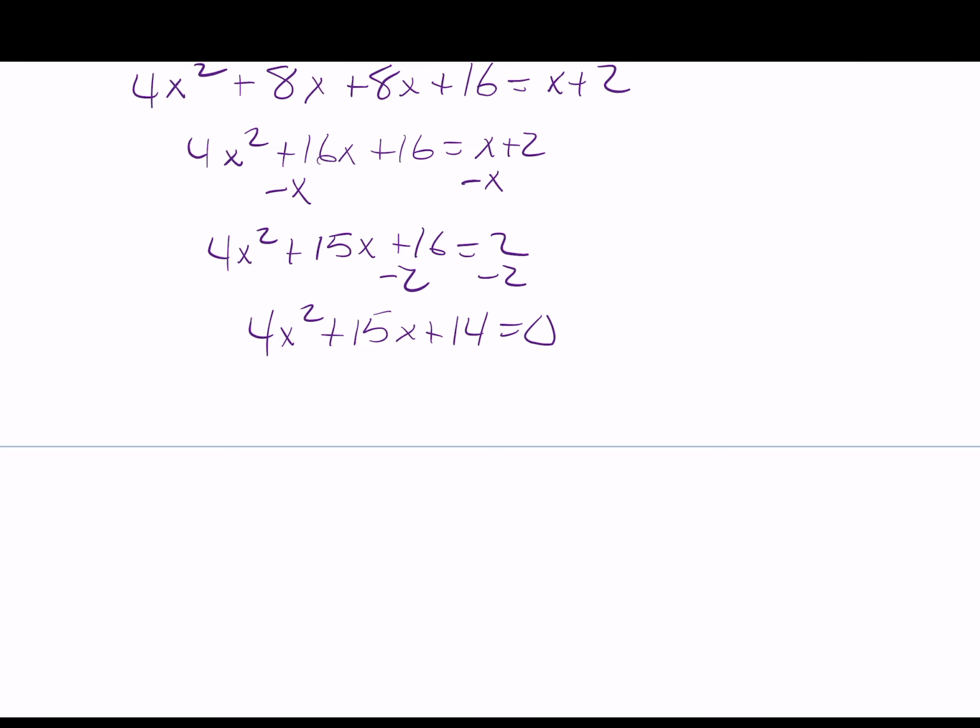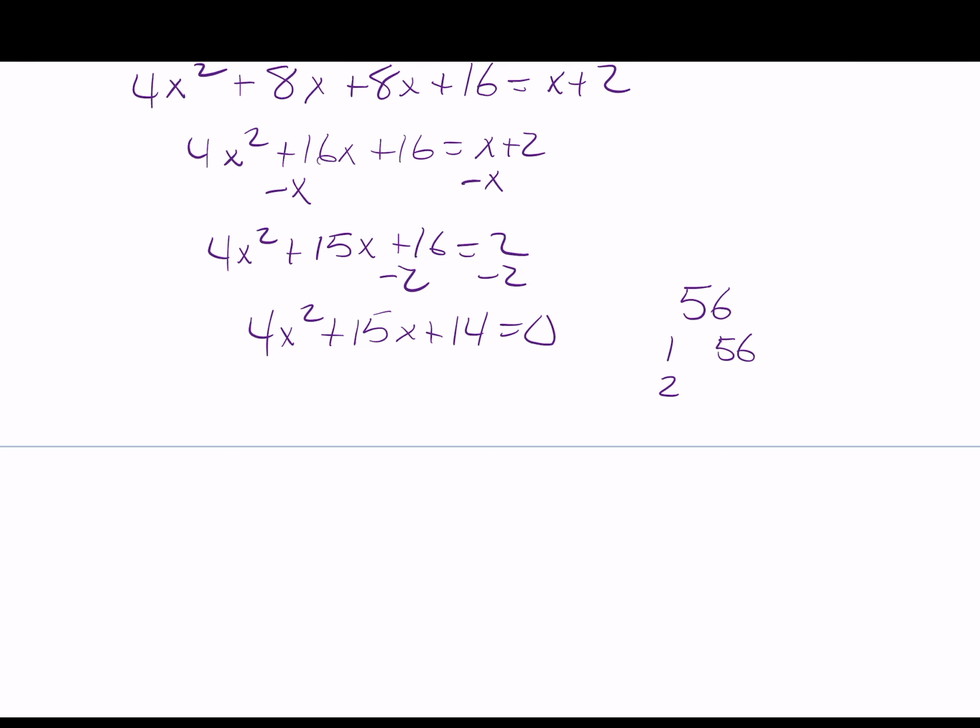So we first need to multiply our leading coefficient, which is 4, times our constant, which is 14. 4 times 14 is 56. We want to know the factors of 56 that when they're added, we get 15. So let's do some factors of 56. Well, there's 1 and 56. There's 2 and what?